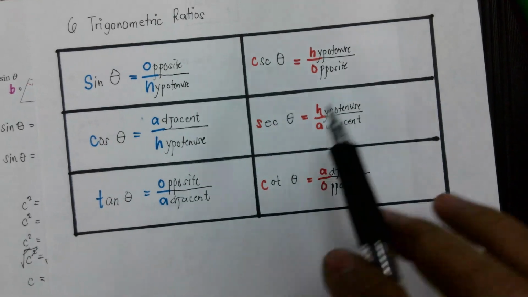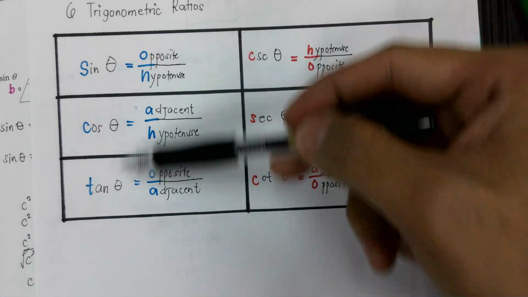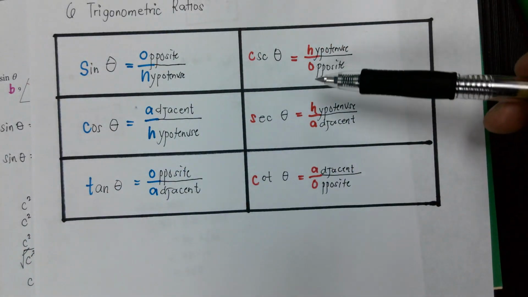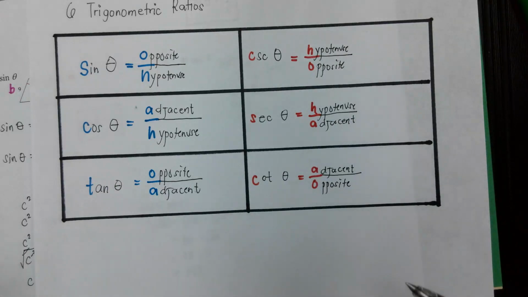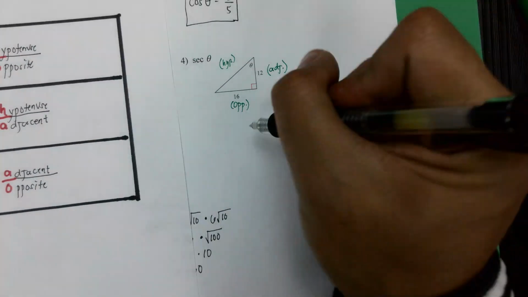So quick tip, use this table arrangement in order for you to use the acronym SOHCAHTOA and get its counterpart: cosecant, secant, and cotangent. Now, having mentioned that secant theta is H over A, I'm just going to copy that here.